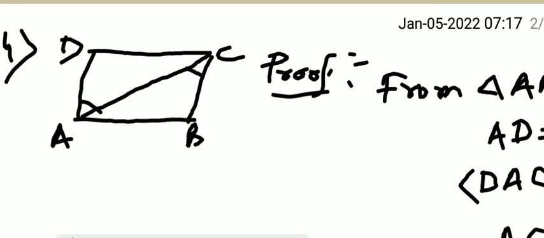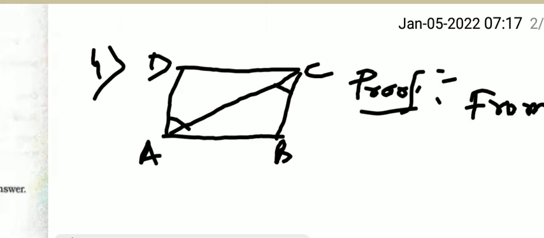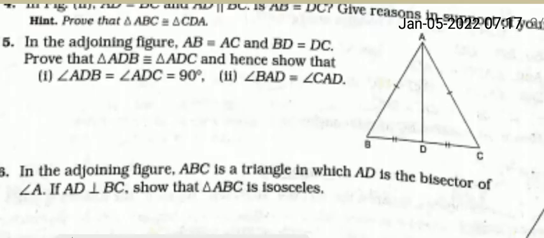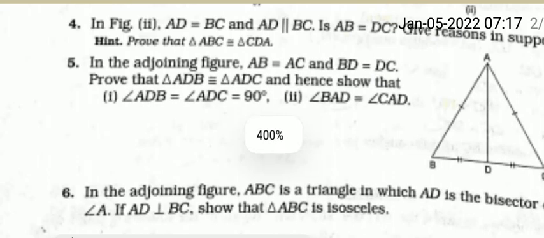Now come to the next question, question number 5. Question number 5 tells that in the adjoining figure AB is equal to AC and BD is equal to DC.